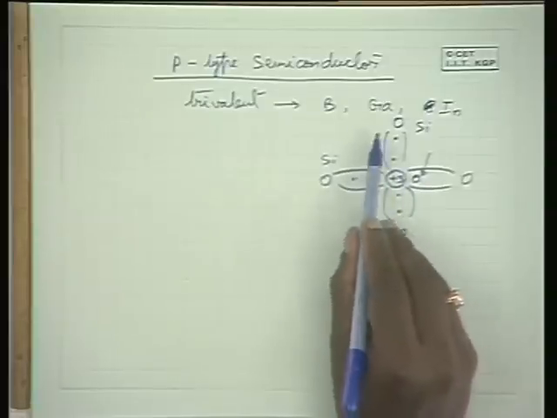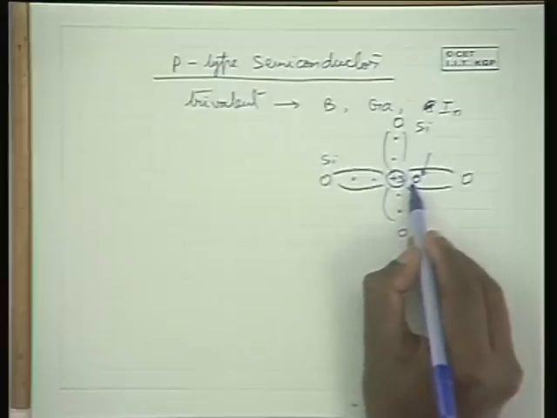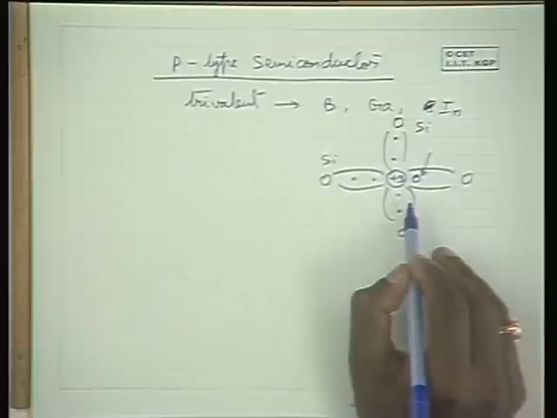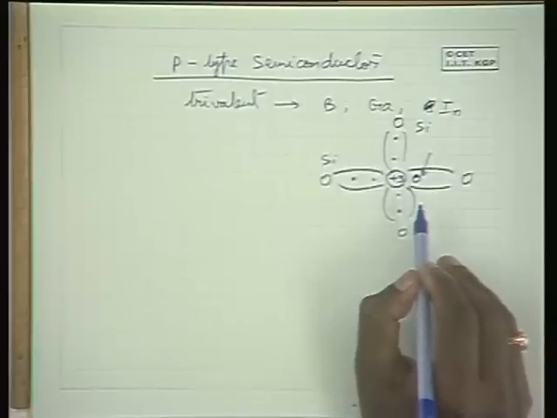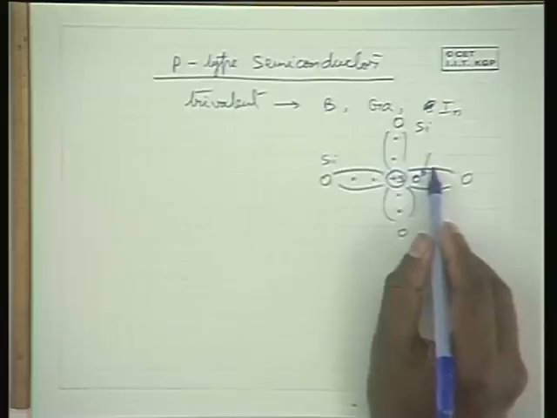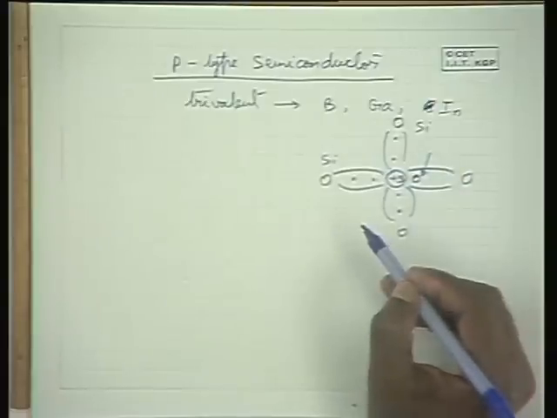Therefore, a p-type impurity gives rise to holes. So these holes accept external electrons.